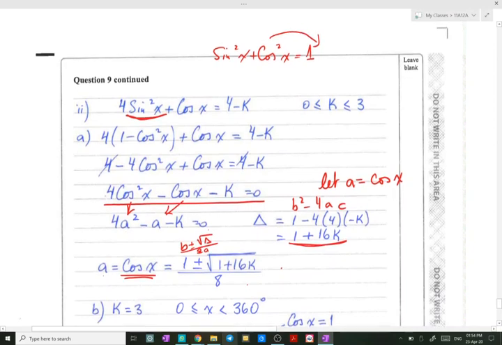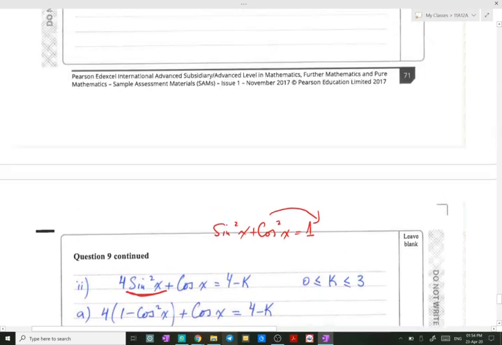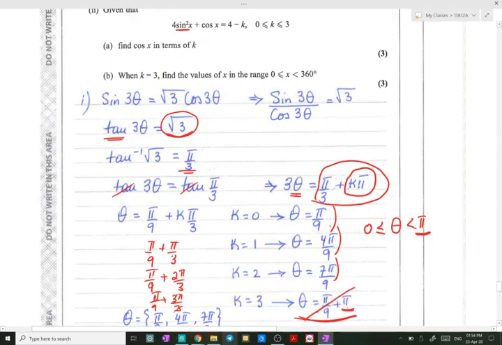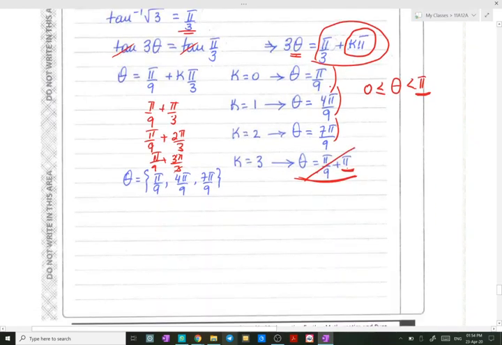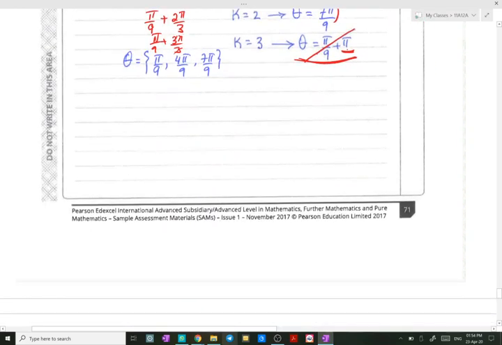In part B, let us read it from the question. When k is 3, find the values of x in the range between 0 and 360 degrees. Now in this part we are working in degrees, we're not working in radians anymore.